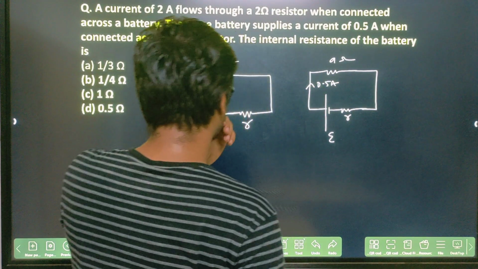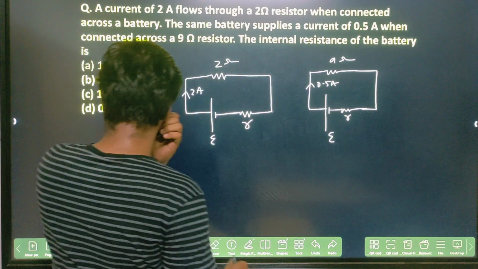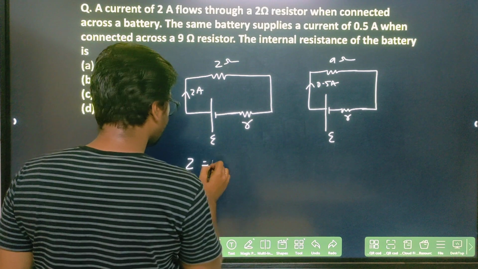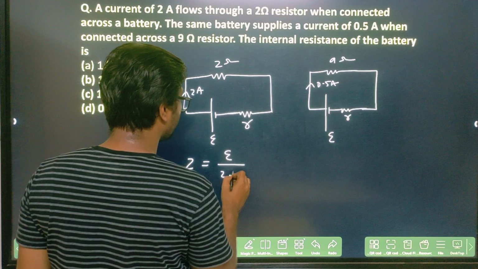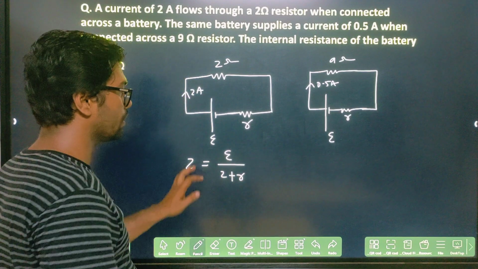Now you have to find out the R value. For 2 ampere, I equal to EMF divided by 2 plus R, right? Same formula.